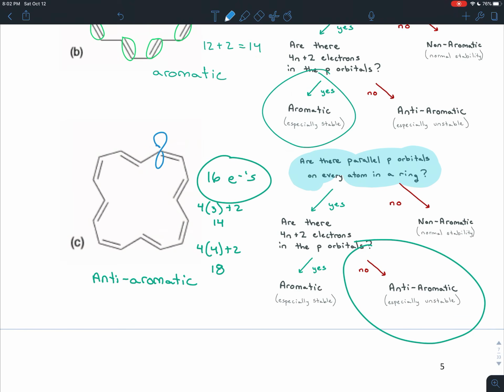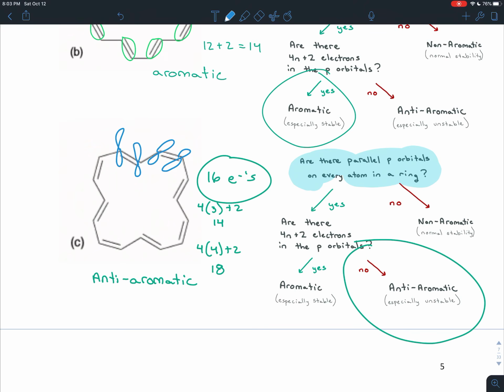I drew them in as if they're all parallel, like they're all py orbitals, but if that gives rise to these unstable wave patterns, then the bonds will rotate just a little bit, and that'll mean they're not parallel, and so that'll interrupt the molecular orbitals, and that'll destroy the anti-aromaticity.